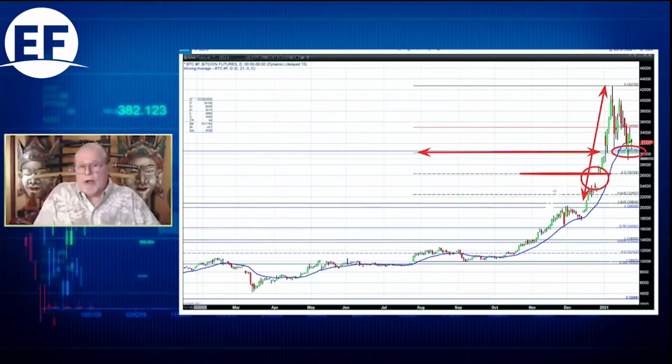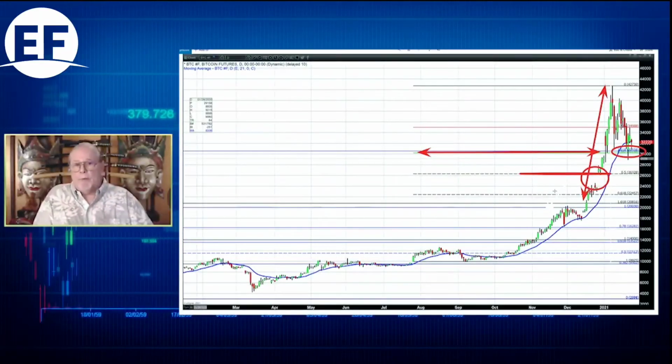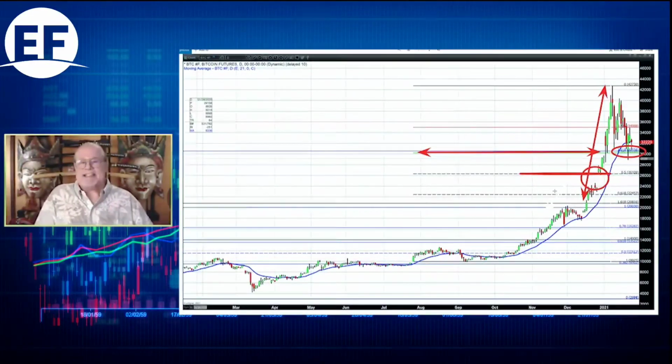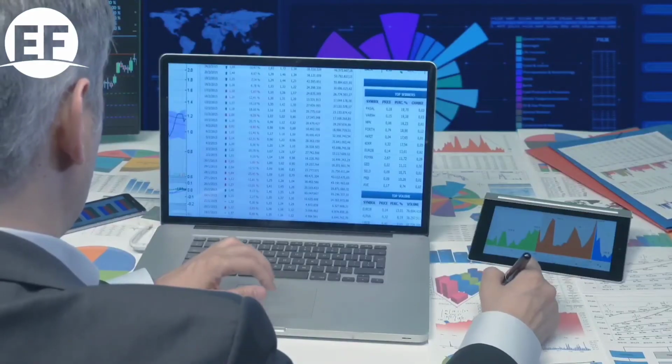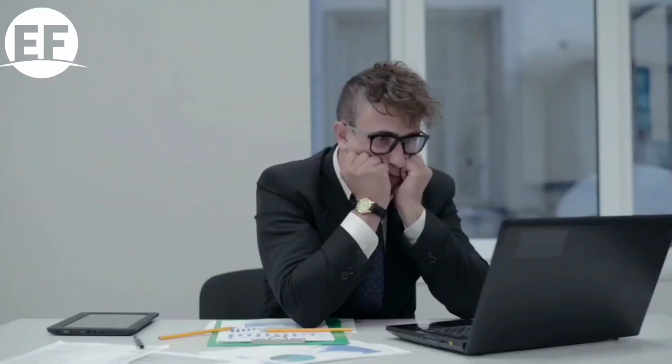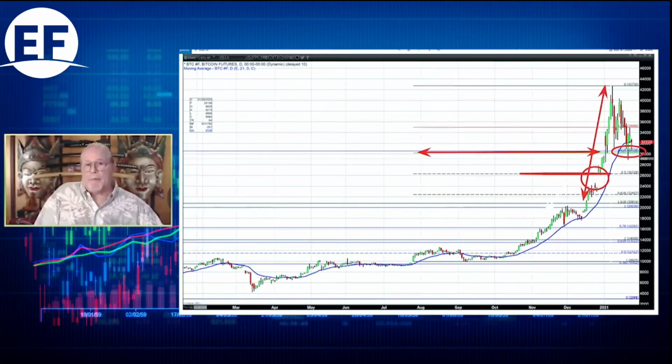It actually went to the 38.2 and also to a 1.681 extension. Mm-hmm. So it really matches up right in this area. We'll have to see how it reacts here. But according to this chart, if it holds here, we could see a bounce up. If it doesn't, the next level you would want to look at would be about 26,300.